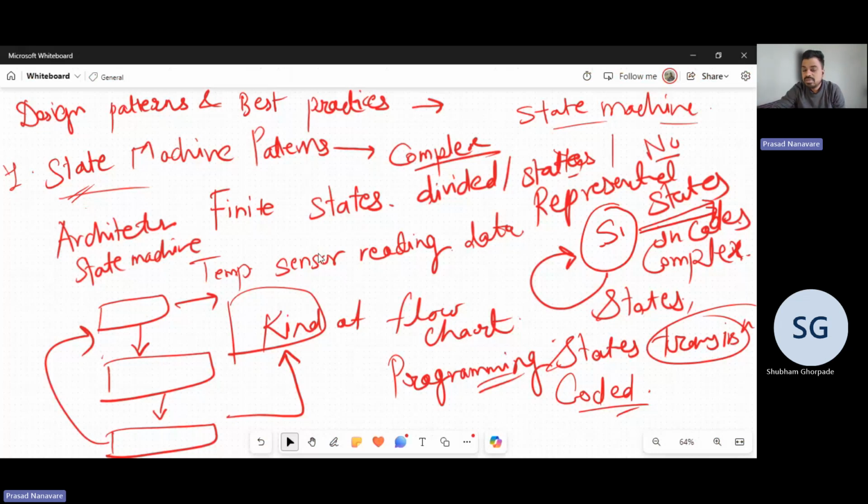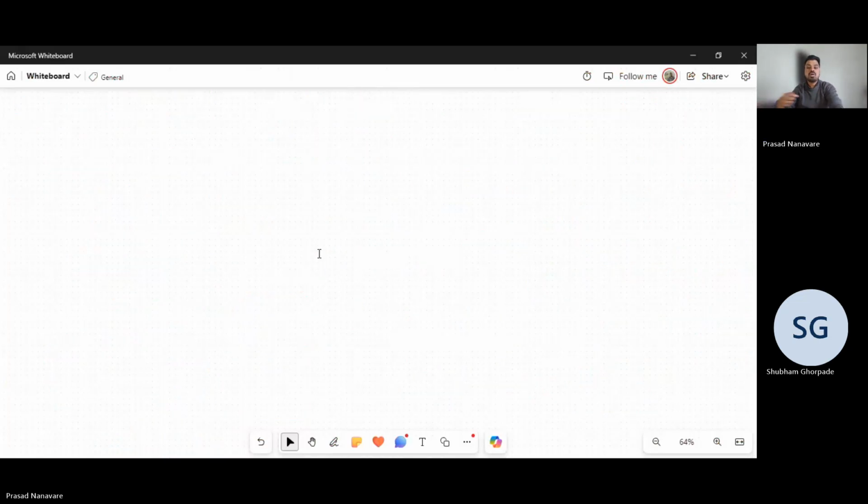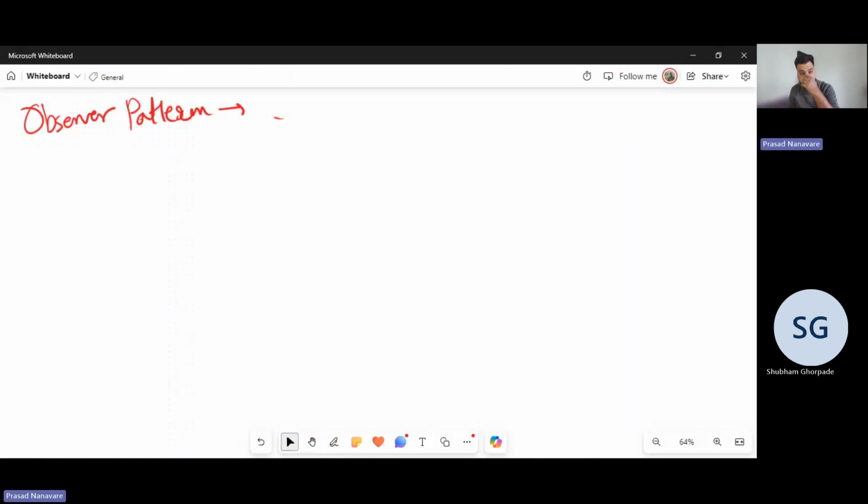Then we have the observer pattern. That was the state machine pattern. What is the observer pattern? Multiple components need to be notified when a certain event occurs, like a sensor reading or an interrupt.